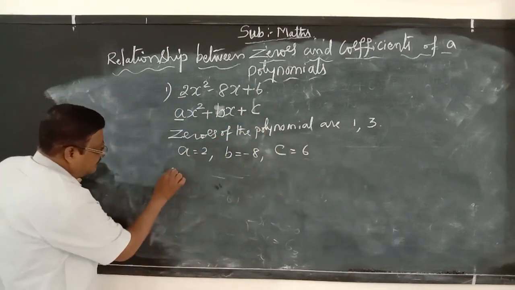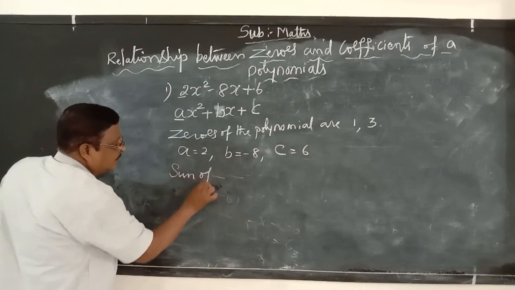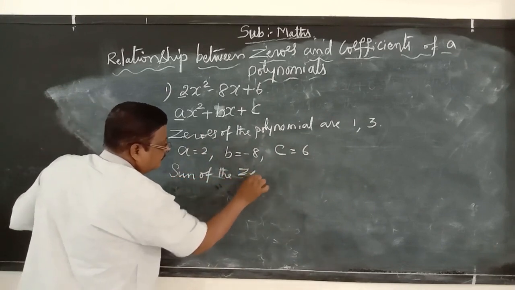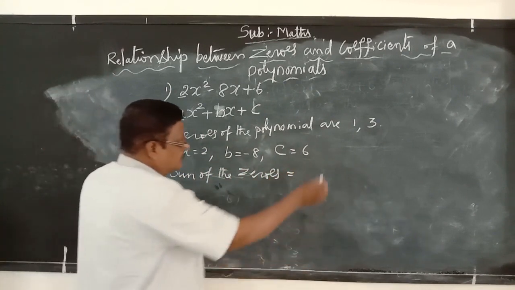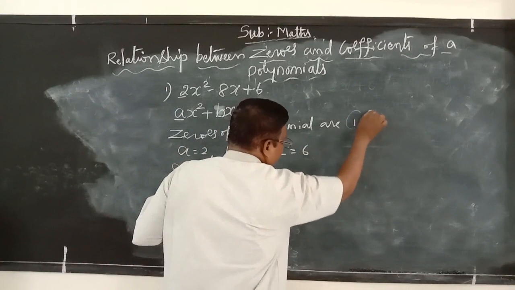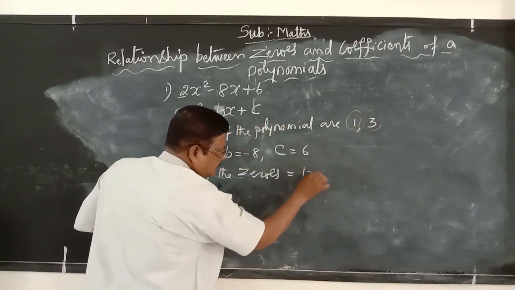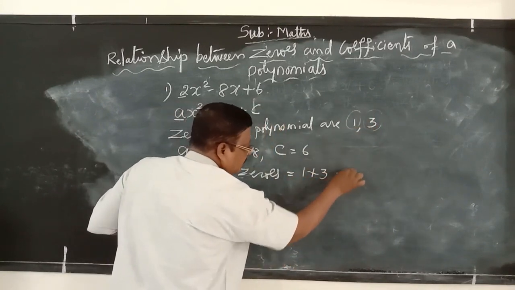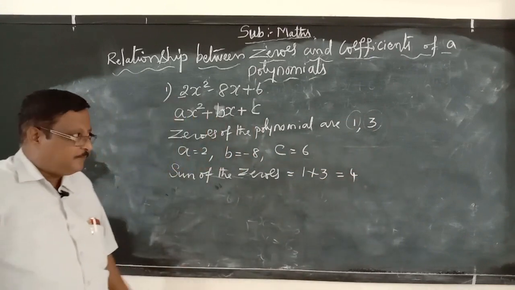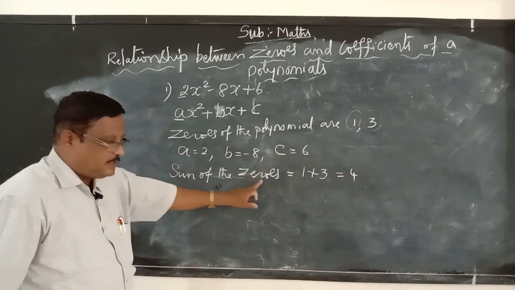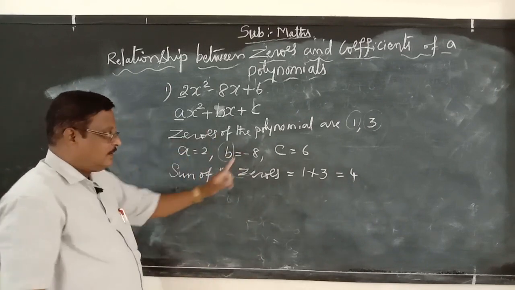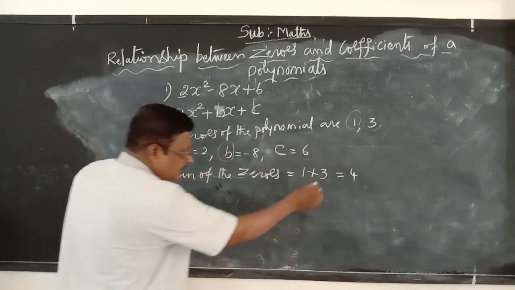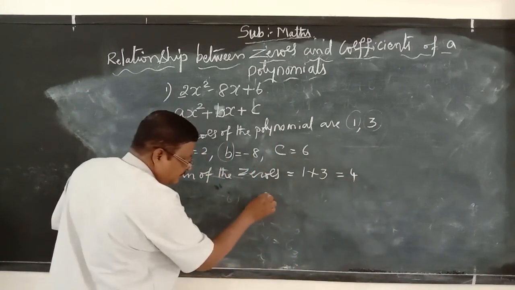Next, sum of the zeros. Yes, sum of the zeros means these are the zeros. The numbers 1 and 3 are the zeros. 1 plus 3 is equal to 4. 4 is nothing but, you see here, what is b? b is minus 8.